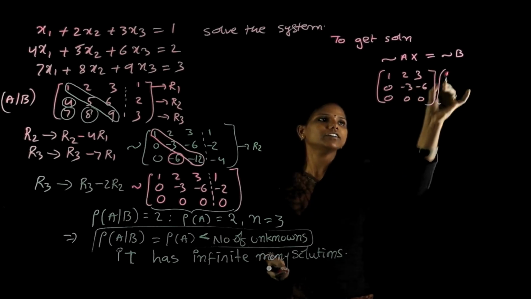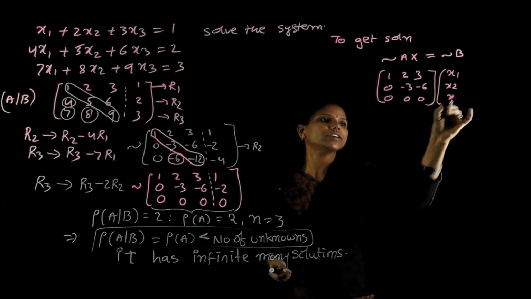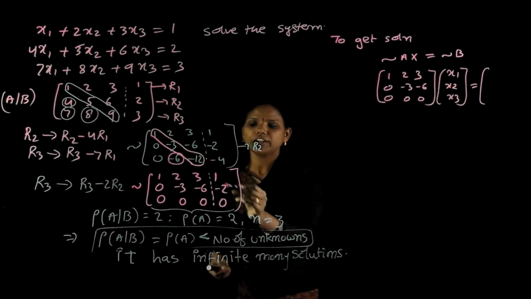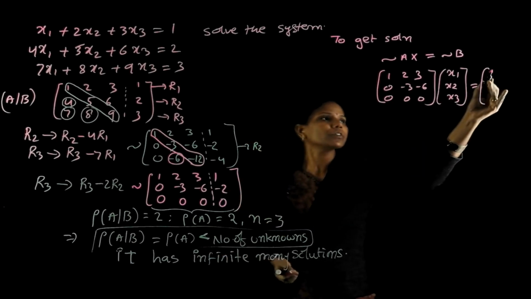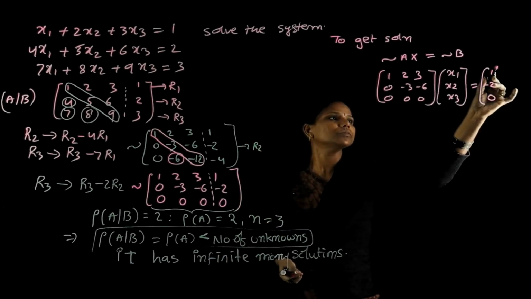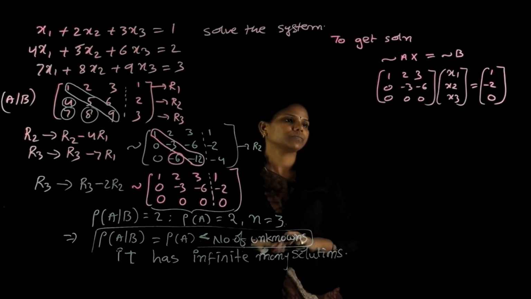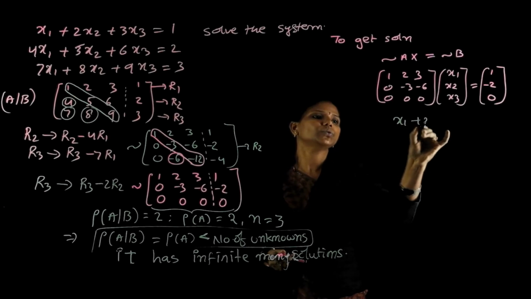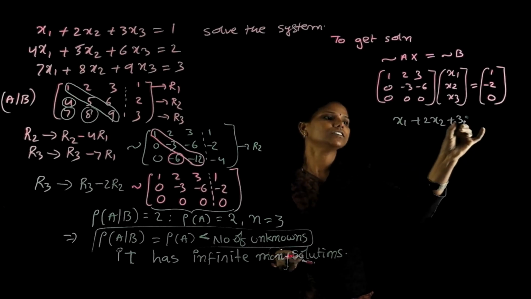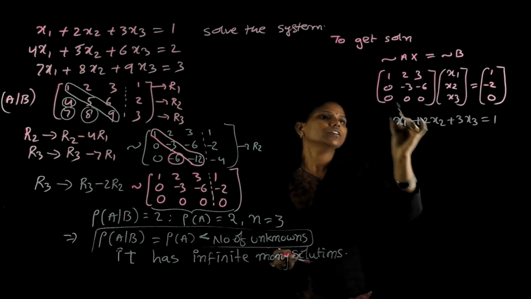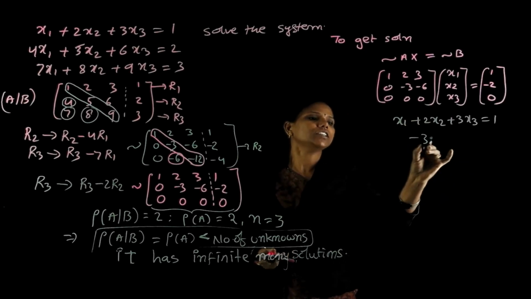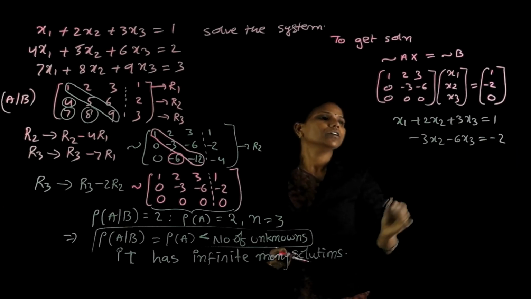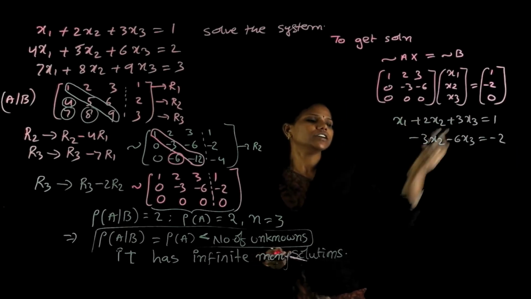The variable matrix is x1, x2, x3, equal to the changed constant matrix 1, minus 2, 0. Now write the equations. The first equation is x1 plus 2x2 plus 3x3 equals 1. The second equation is minus 3x2 minus 6x3 equals minus 2. Here we cannot write the third equation.